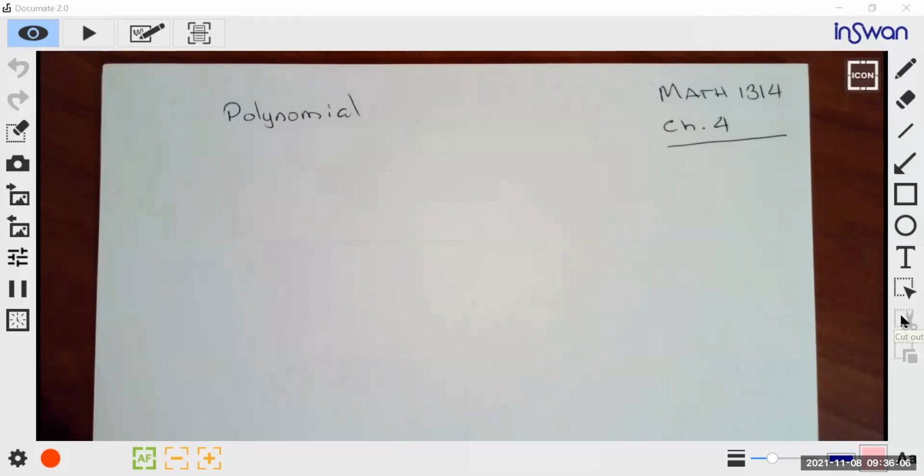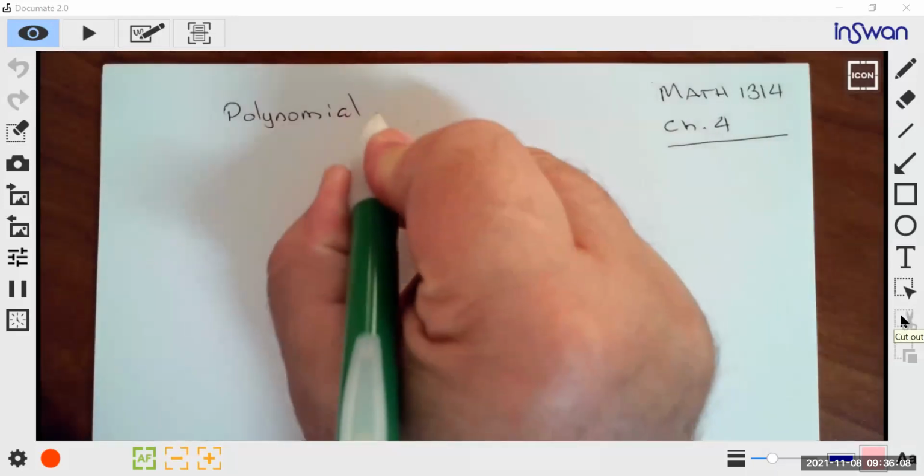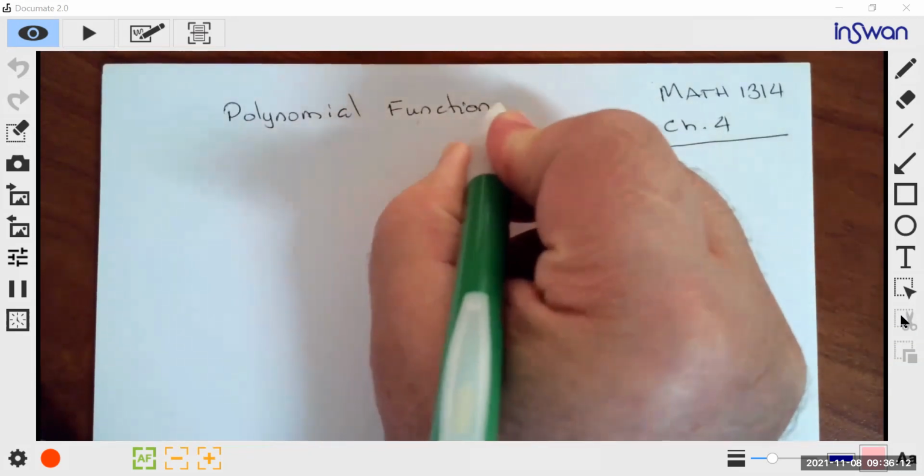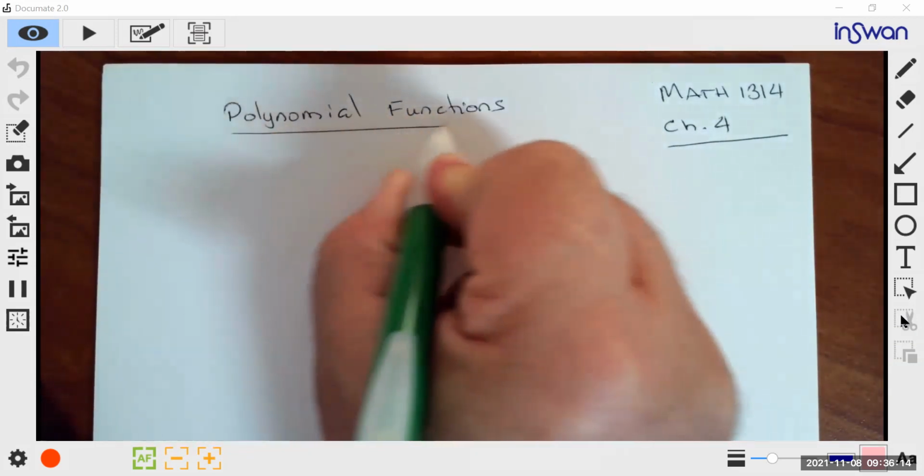Chapter 4 deals with polynomials. Let me switch my screen here. There. So chapter 4 deals with polynomial functions.